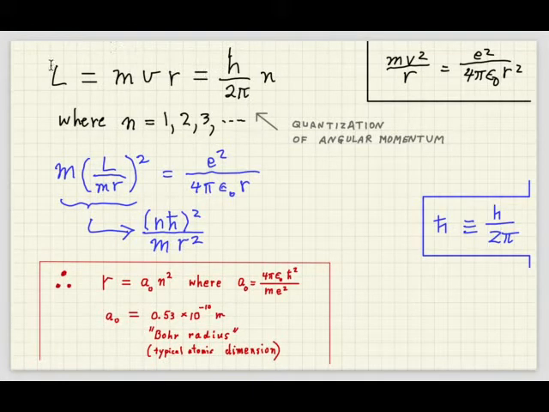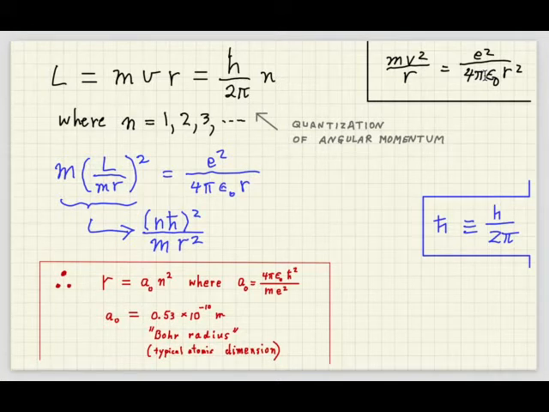All right, so let's combine that with the equation of motion for circular motion. mv squared divided by r is equal to e squared over 4 pi epsilon 0 r squared. So this is mass times acceleration. This is the electric force, the force acting on the electron. We're thinking of the proton as being at rest at the origin, and the electron goes around the proton on a circle.